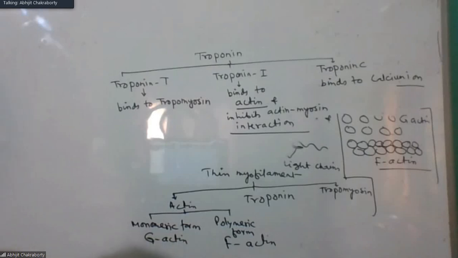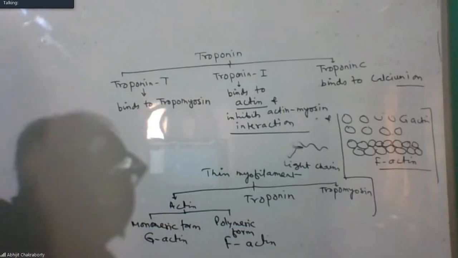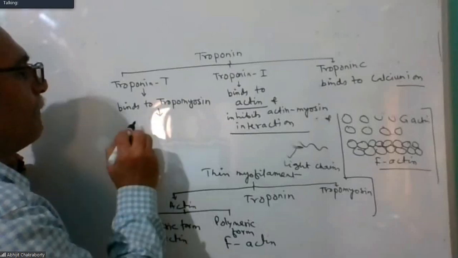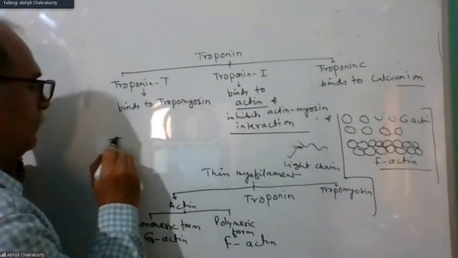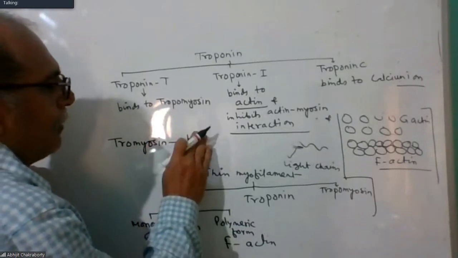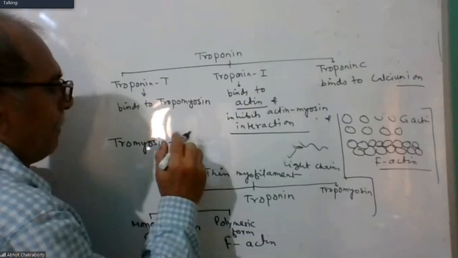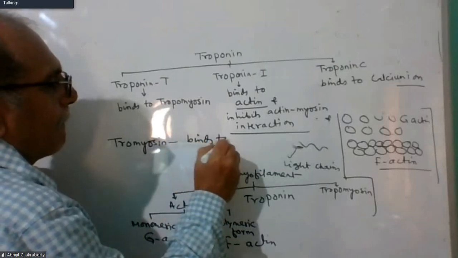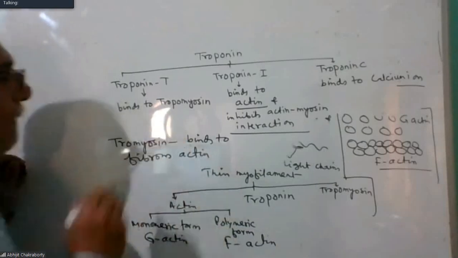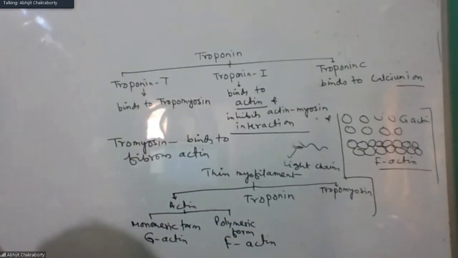The third one is tropomyosin. Tropomyosin binds to fibrous actin.